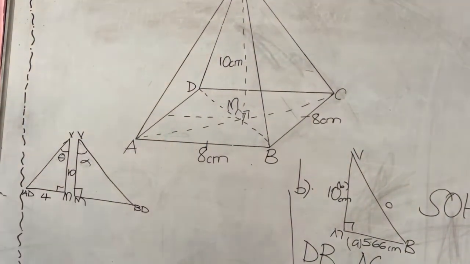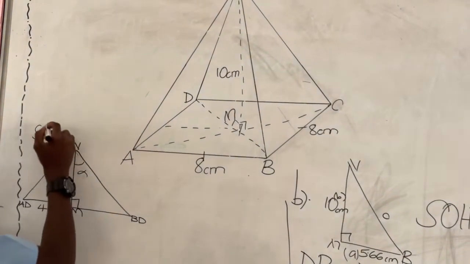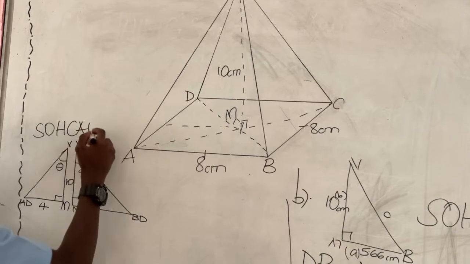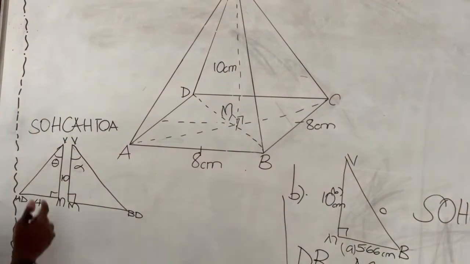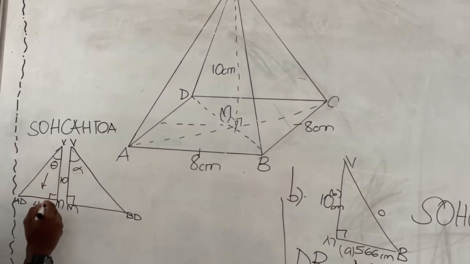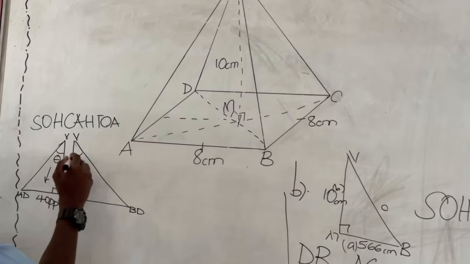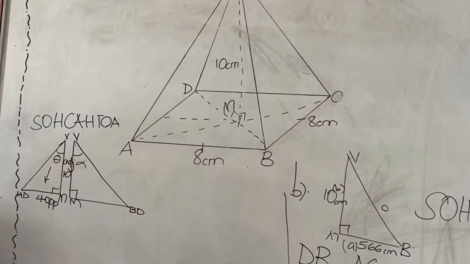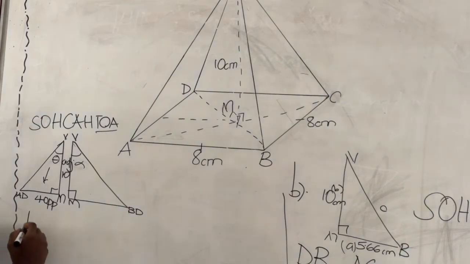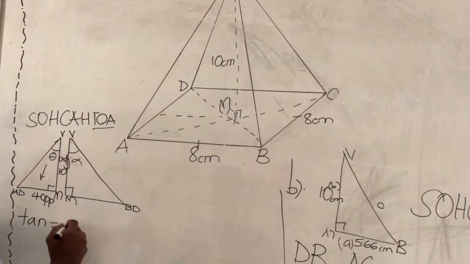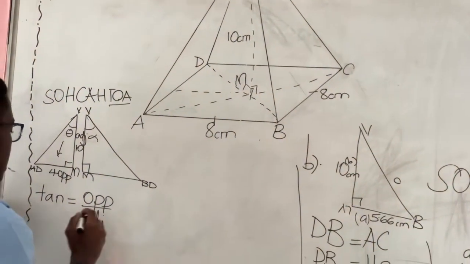So from here I still use our SOHCAHTOA, and you can easily find it because now we have the opposite and we have the adjacent, and so since we have opposite and adjacent, we use TOA, which is tan is equal to opposite out of adjacent.